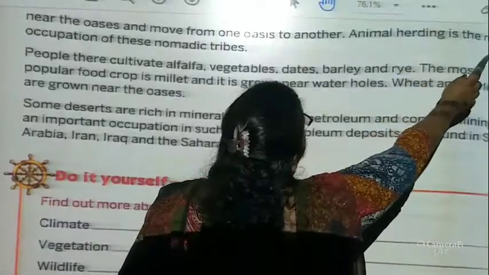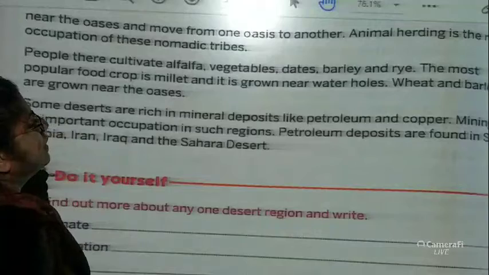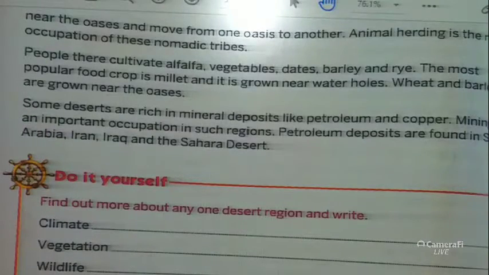Animal herding is the main occupation of these nomadic tribes. Nomadic means, in Hindi we say Banjaras. Nomadic people go from one place to another in search of shelter and food.